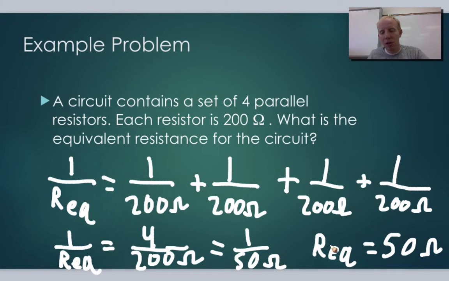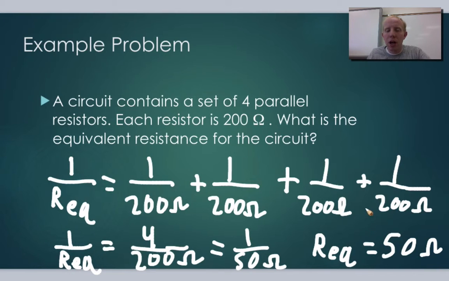But look at this. We have 4 200 ohm resistors, but instead of adding together to get more resistance, because they're in parallel, you're allowing multiple pathways. Now you end up with a much smaller resistance than you started with, 50 ohms. Now you may be asking, why in the world would you want to do that?